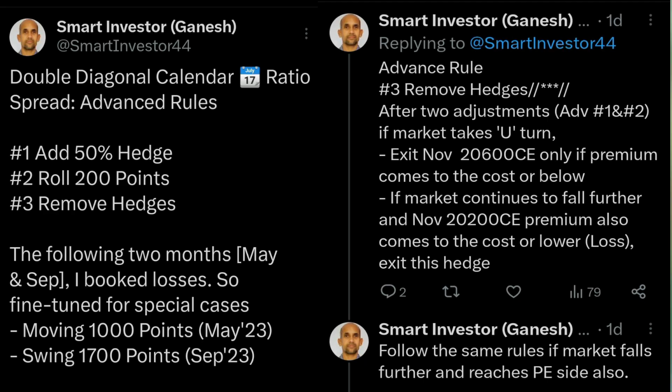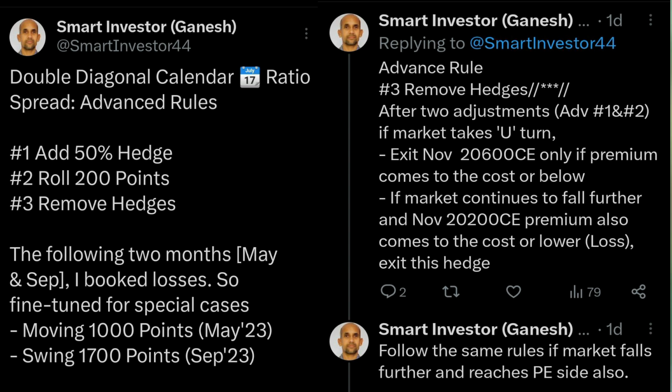If the spot is coming to the break-even point, we will have to roll up the tested side, the call calendar spread or the put calendar ratio spread, 200 points above. I will explain how I rolled up 200 points whenever the spot comes to the break-even point.